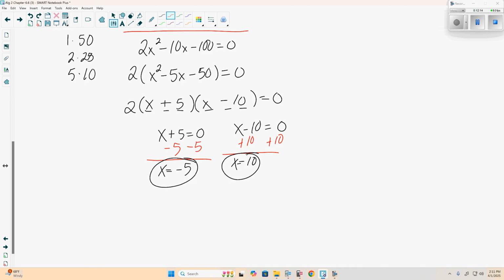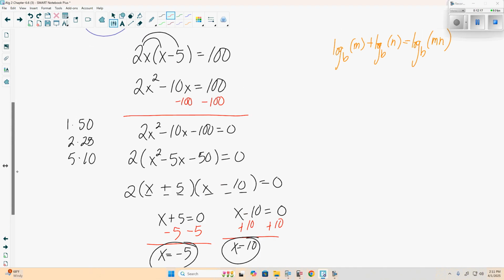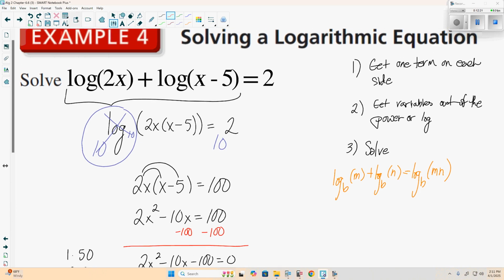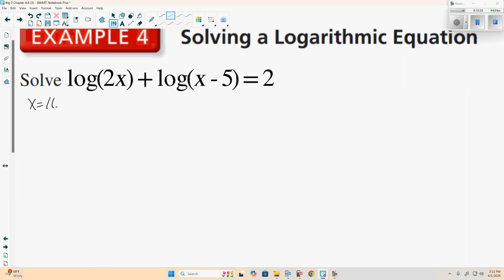Before we move on, I want to check my two answers. Because I've said it a few times here, what's inside these logs cannot be negative or 0. Not so much the value we plug in for x, but after we plug it in, its value can't be negative or 0.